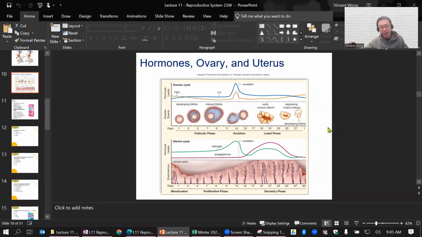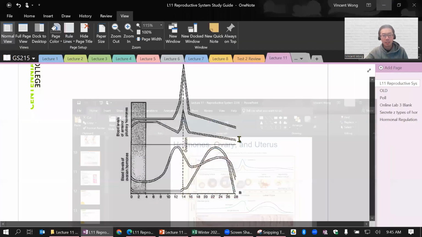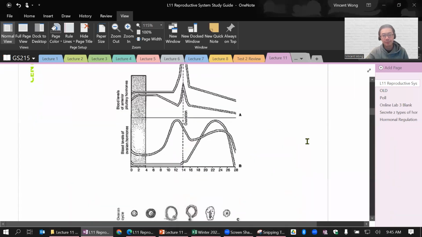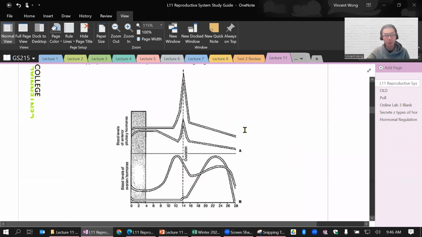The peaks and the valleys might be a little bit off, but all these graphs, which you will find in every single textbook for the reproductive system, convey the same kind of information. So I'm just gonna use this one as a template to show you what's going on. I probably should update this one. This one looks really old.